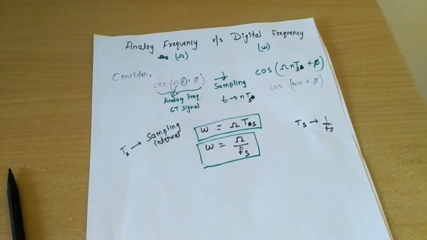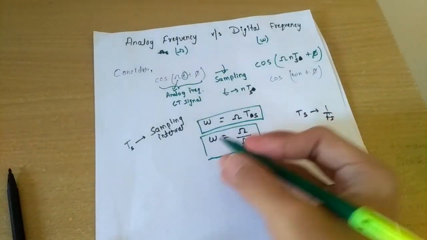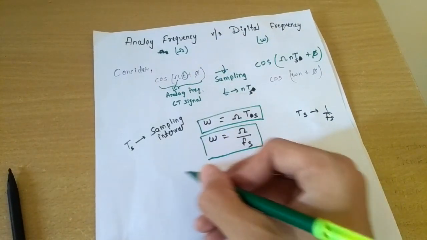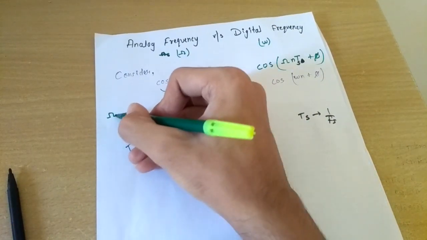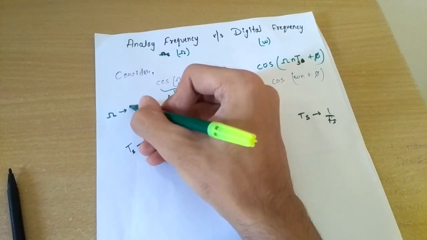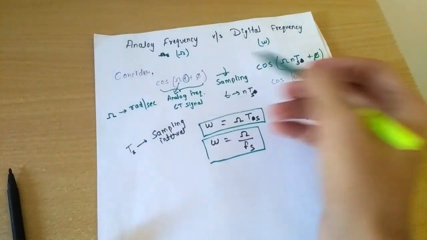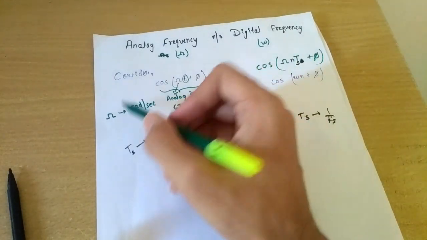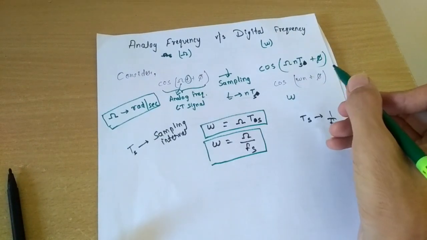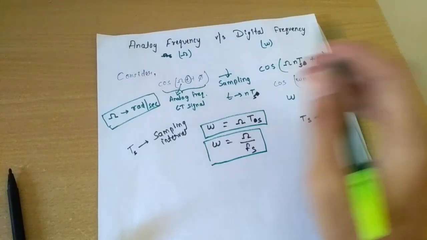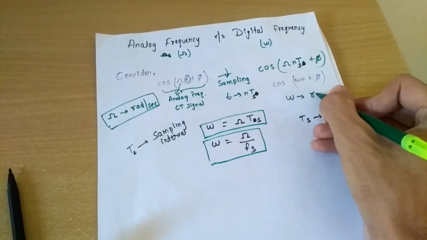Now let us consider the dimension of both Ω as well as this ω. As we all know, here in the analog domain, this analog frequency Ω has dimension radian per second. Now you might think that in digital frequency ω also the dimension should be radian per second, but it's not the case. Over here it will be radian.